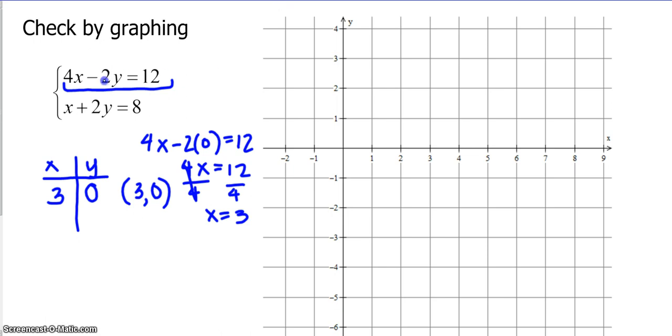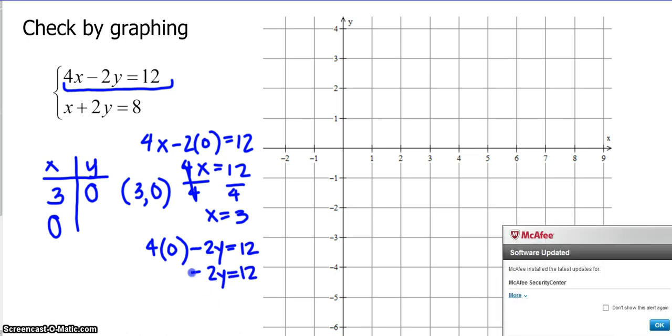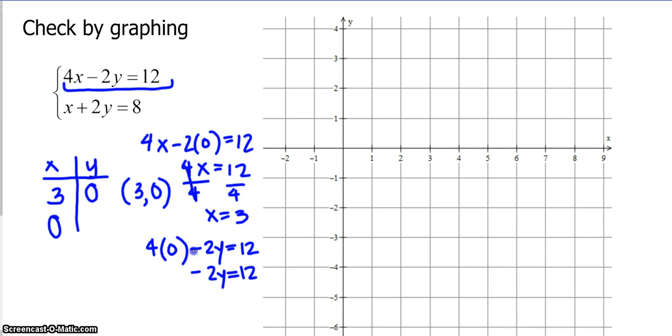Now, the y-intercept of this same equation is when I put a 0 in for x. So I have 4 times 0 minus 2y equals 12. Negative 2y equals 12. Divide both sides by negative 2, and we get y equals negative 6.